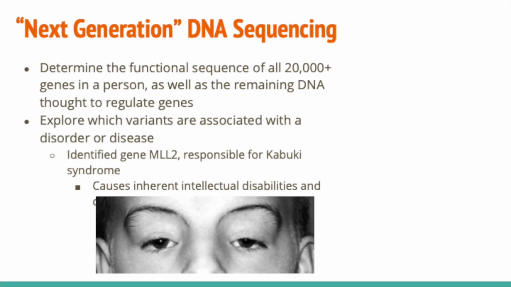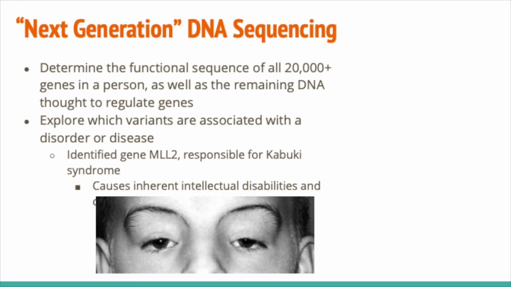Now, scientists are determined to sequence people and learn more about the genes and the DNA that make up the human body, and we have been determined to determine the functional sequence of all 20,000 plus genes in a person, as well as the remaining DNA thought to regulate genes. We want to be able to explore which variants are associated with a disease or disorder.